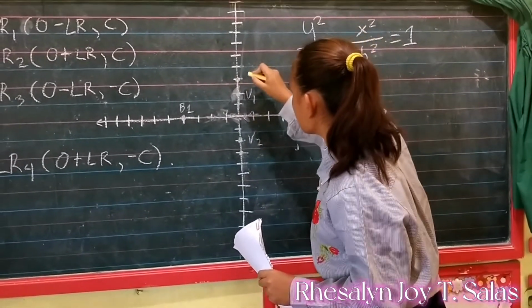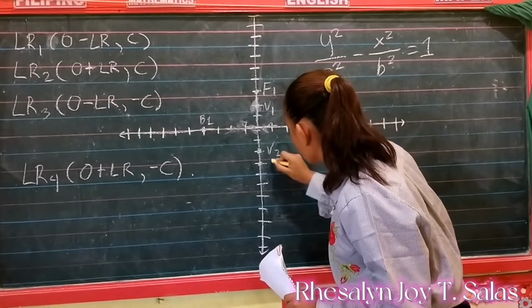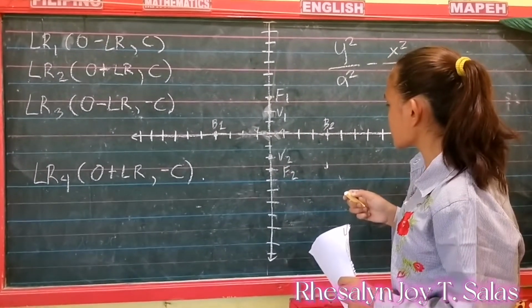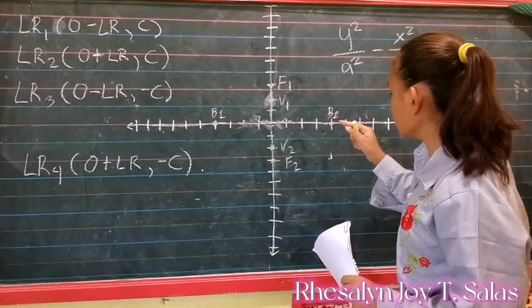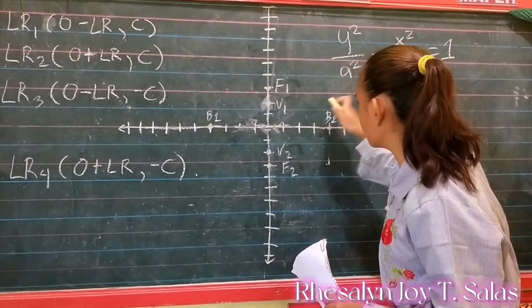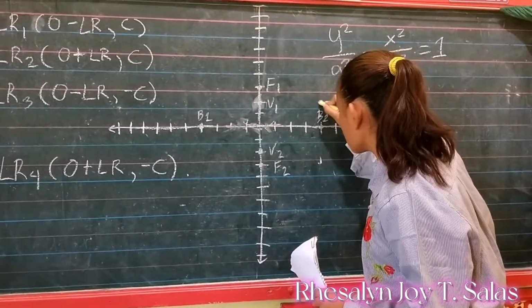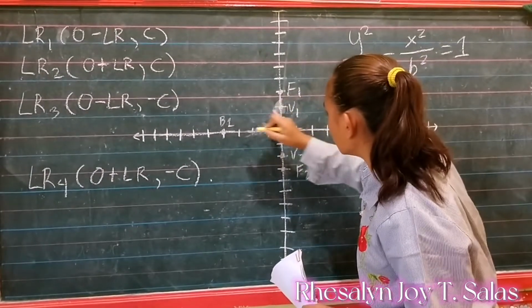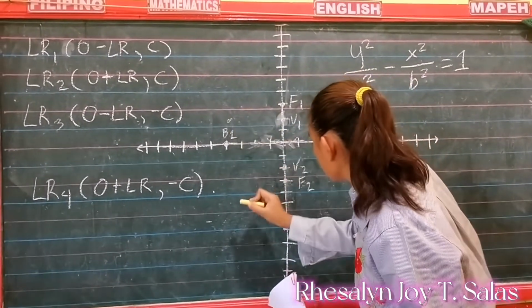Then here is the focus, so F sub 1 or F sub 2. Then the latus rectum goes through V sub 1, and the same here.